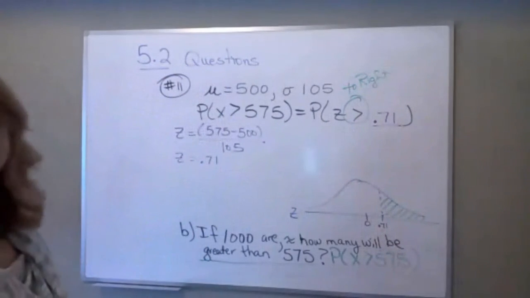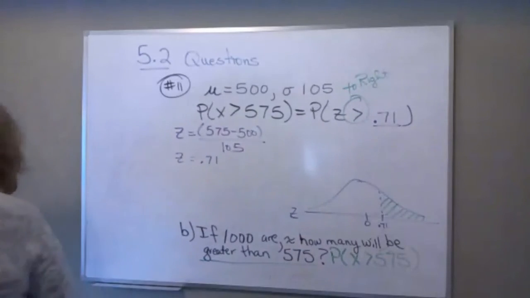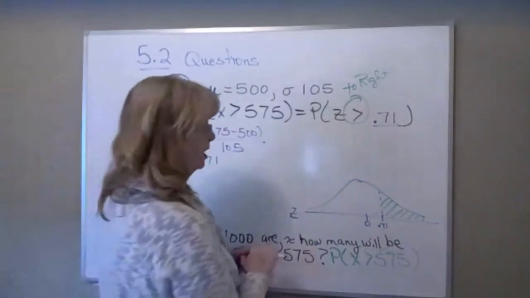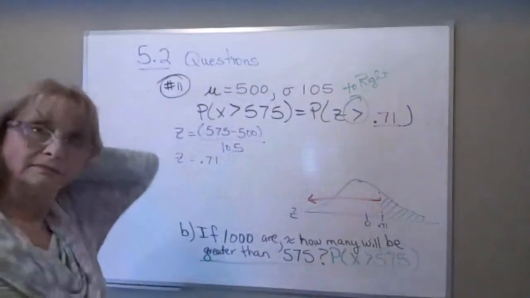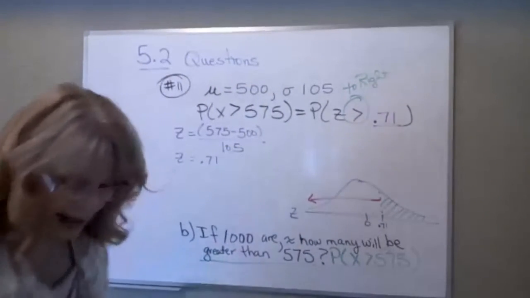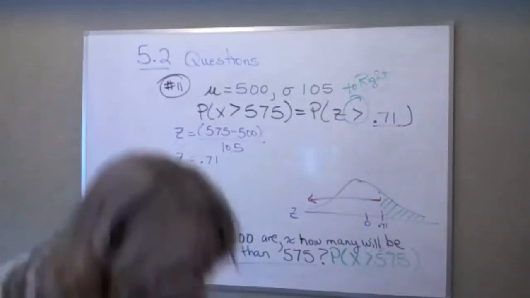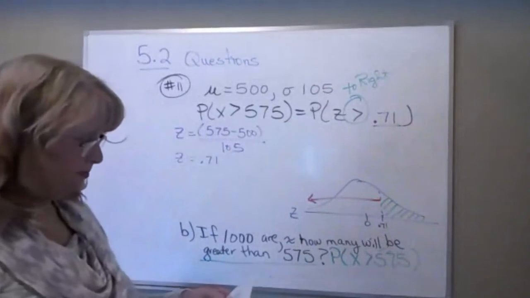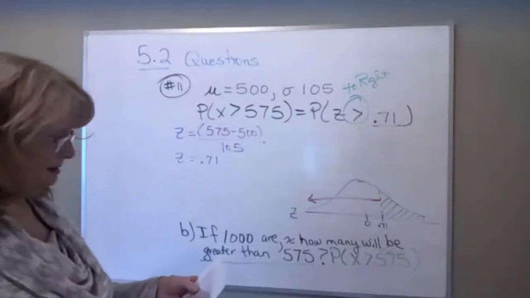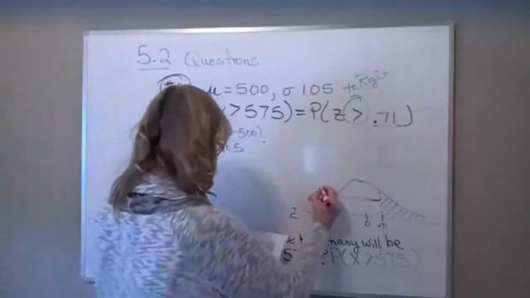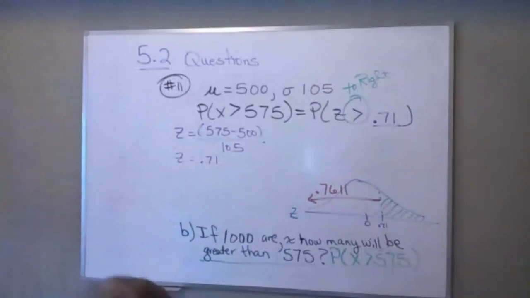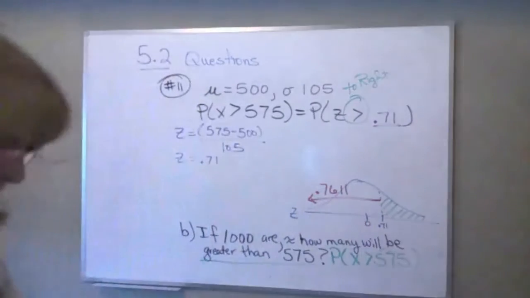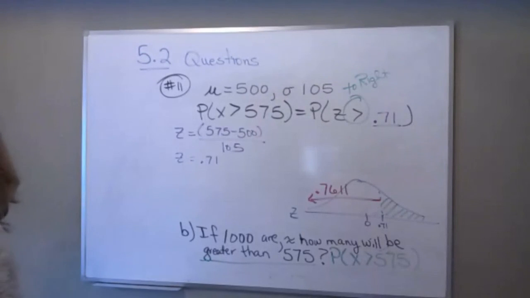But the table doesn't give me that area. If I look up 0.71, I get the area here to the left. So I'm going to look that up. Let's make sure you got that right. So the area to the left of positive 0.71 is 0.7611. So far, so good, Christina? Yes. Okay. But I'm looking for the area to the right.